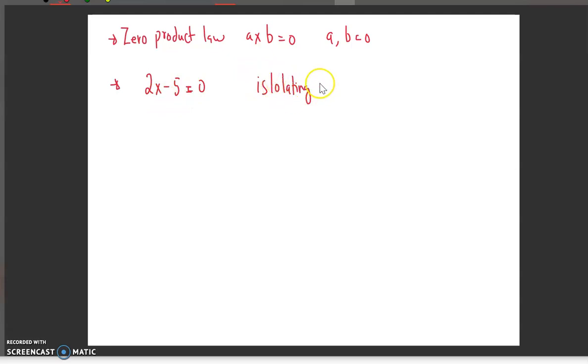Isolating the variable is something we have been doing for a long time now. So we move things around, and then we can solve for x.